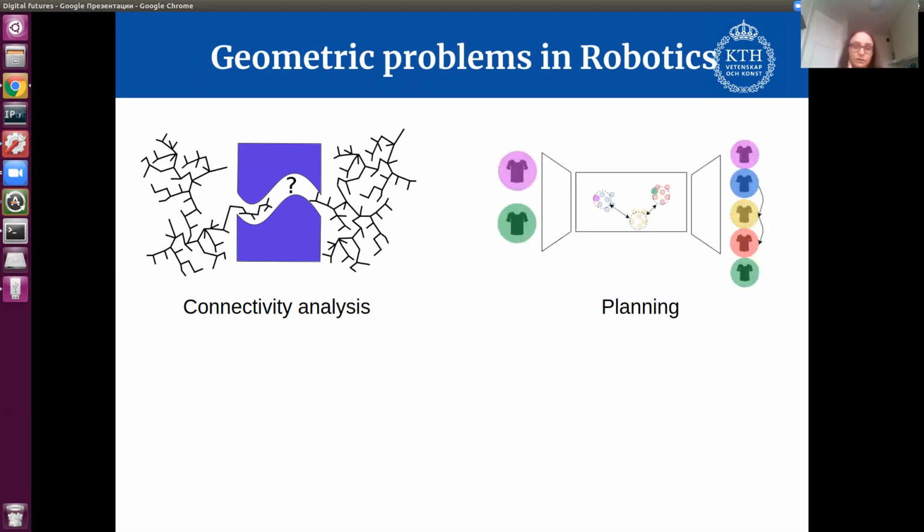Another problem that builds upon this connectivity analysis is the problem of planning. So now, assume that there exists a path from one state of the system to another. Then the question is, how do we plan this path? So how do we move from point A to point B? This problem is kind of dual to the problem of connectivity analysis or path existence, because here we assume that we have a path and our goal is basically to find it.